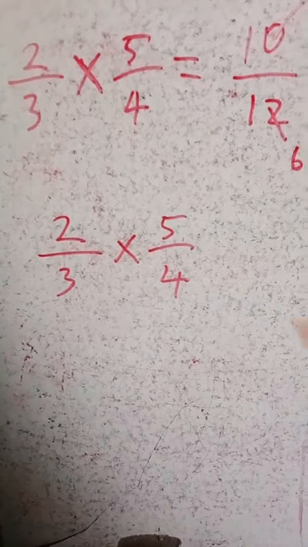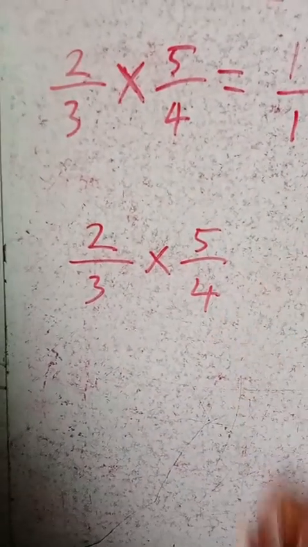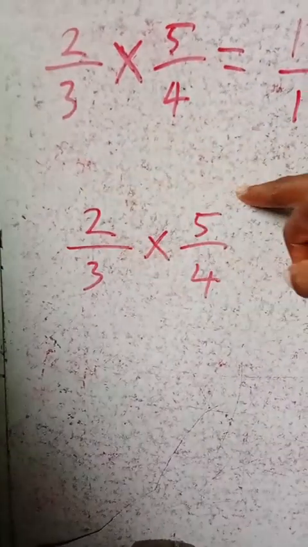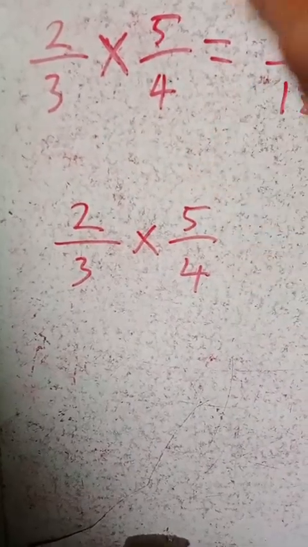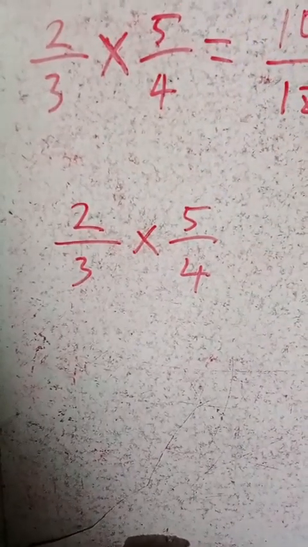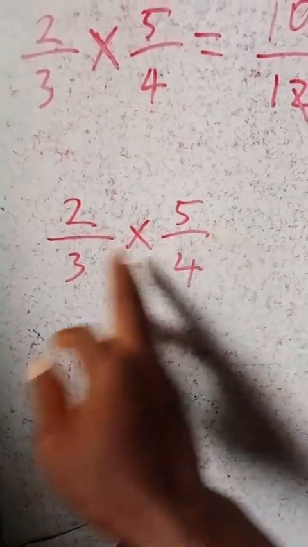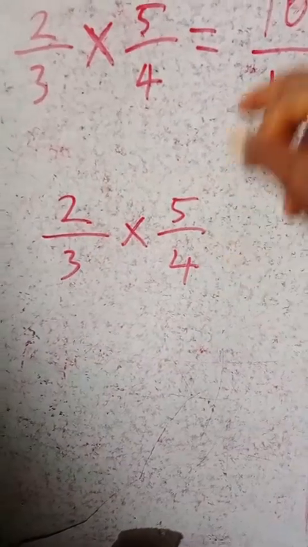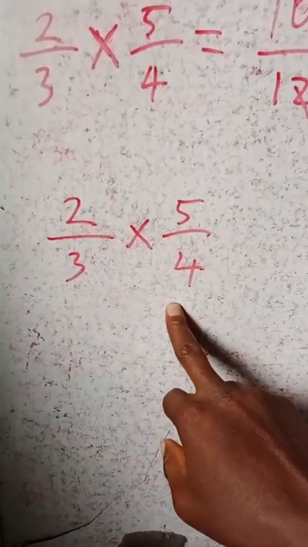So you check any number on top. If any number on top has a common factor with any number down, it does not matter which side, so long as a number on top has a common factor with a number down.